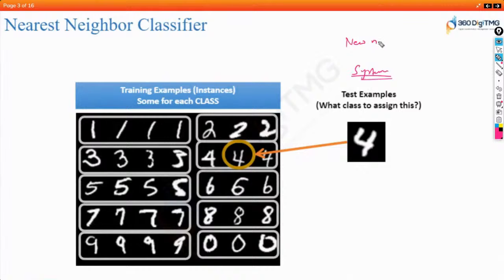Somebody is writing this new number or letter, handwritten, mind you. If it is handwritten, then your system should be able to identify what that number is.